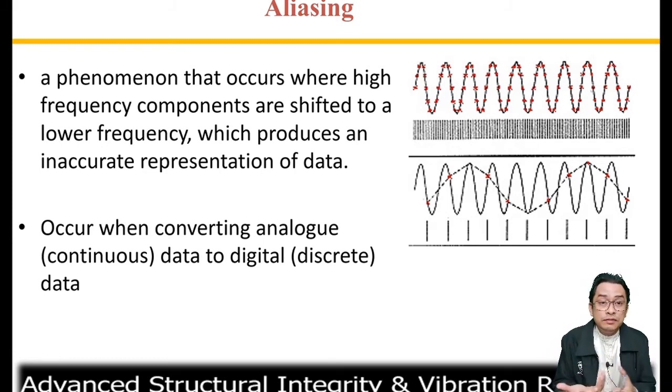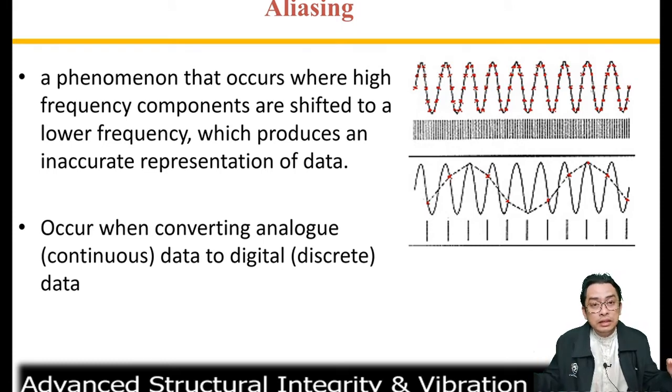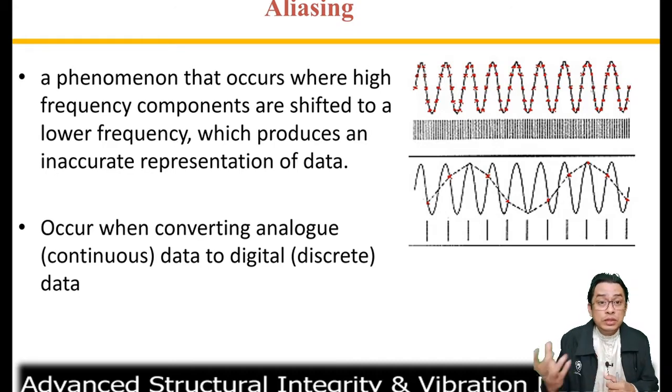With not enough sampling, it will give an output signal which is lower in frequency than the original signal. It gives a false representation of the original signal that we measure. So we need to avoid this.